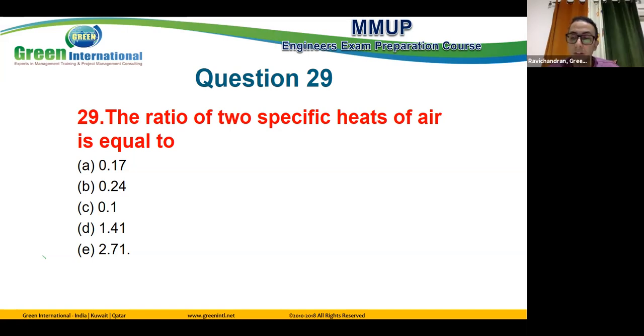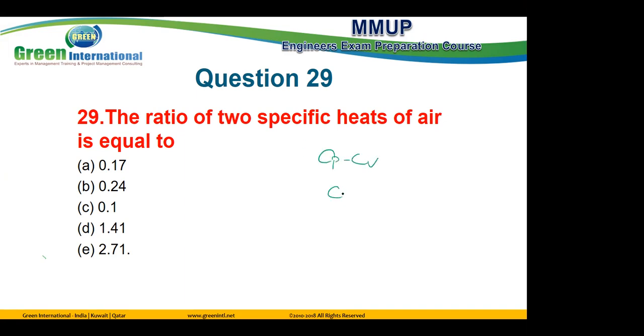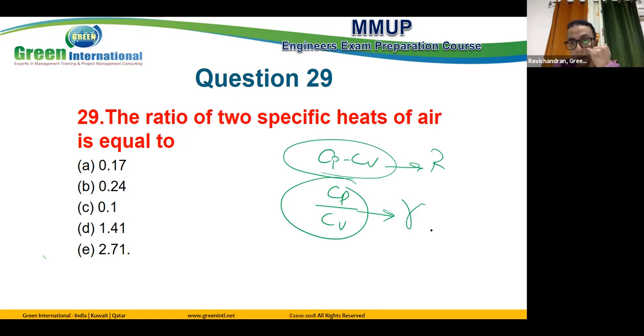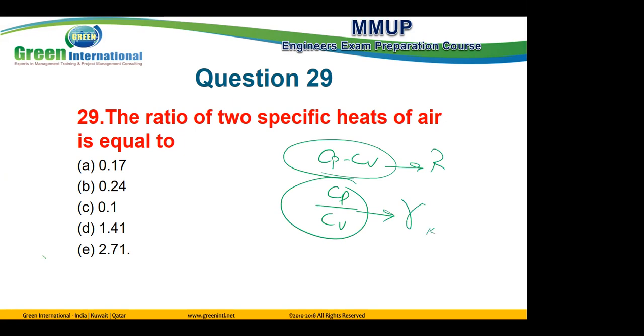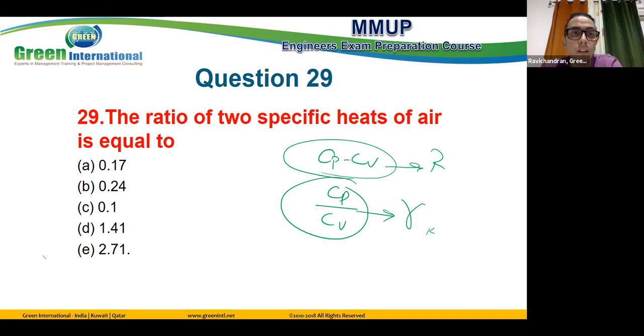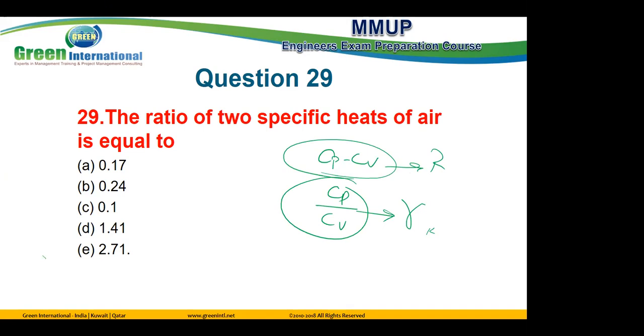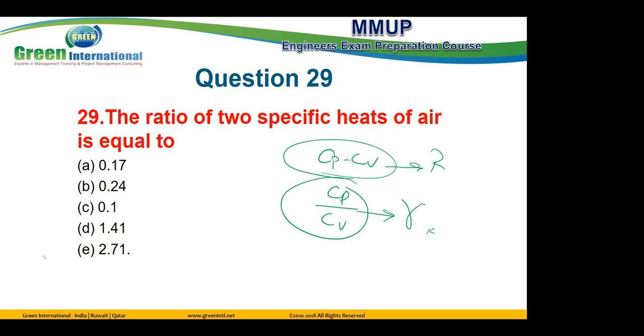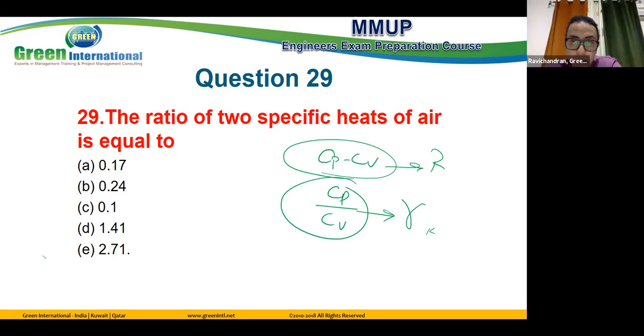I write them here: Cp minus Cv, and Cp by Cv. This one is R, and this one is gamma or k. So what is the answer here? Cp over Cv. Yes, so the answer is 1.4. 1.4 is the correct answer for gamma or k, for air.